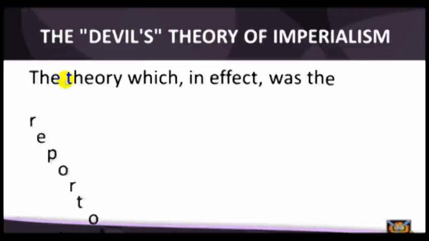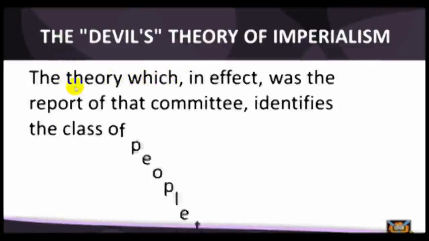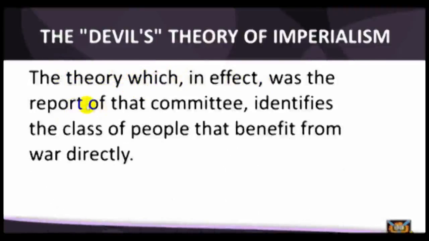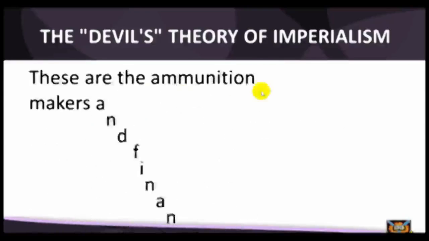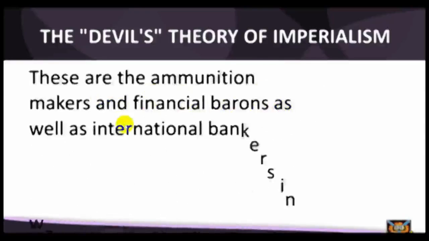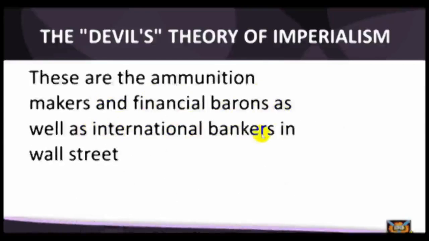This theory, which in effect was the report of that committee, identifies a class of people that benefit from the war directly. These are ammunition makers and financial barons, as well as international bankers on Wall Street.